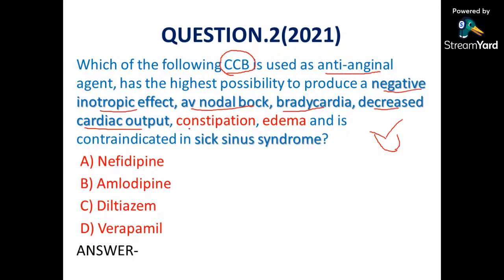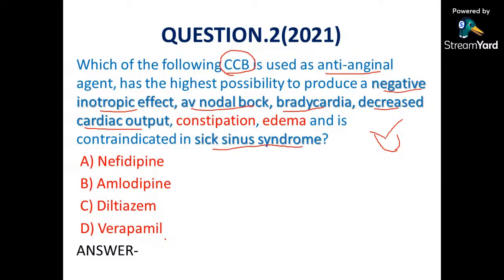And the drug which causes constipation, edema, and is contraindicated in sick sinus syndrome. So among all these drugs, which drug shows negative inotropic effect, AV nodal block, bradycardia, decreased cardiac output, constipation, edema, and is contraindicated in sick sinus syndrome is the question.